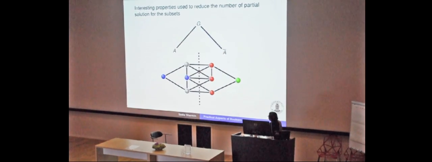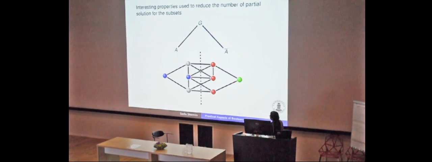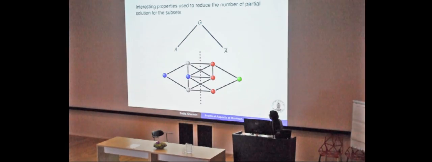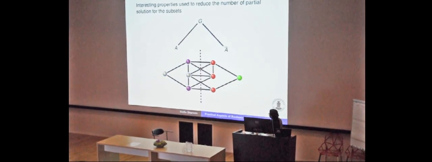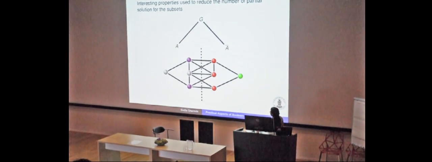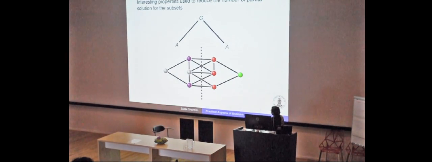If you rename this as a cut in the decomposition, this green independent set has this red neighborhood on this side, and the purple independent set on this side also has this red neighborhood on this side.